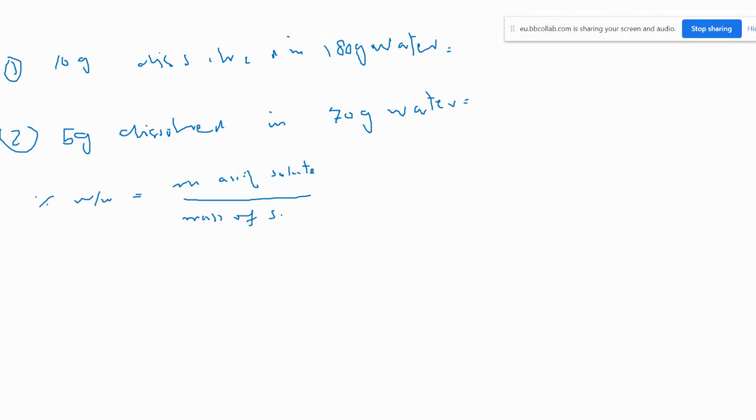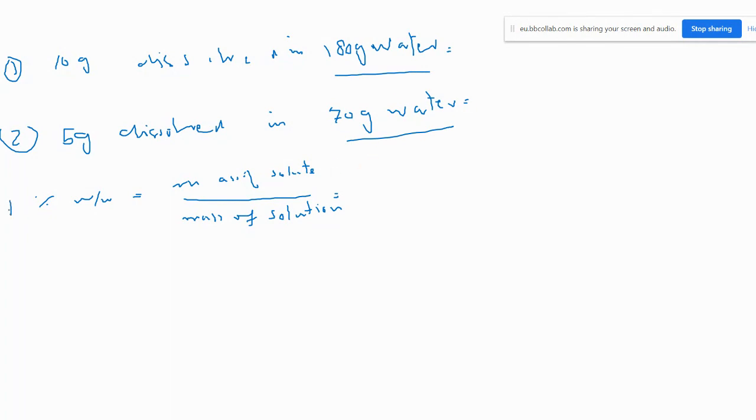Now this is a common mistake that students usually make. Water is the solvent. Whenever it is dissolved in water, the solution should be the mass of solute plus solvent, because solution means we already added solute. So solution means solute plus solvent.